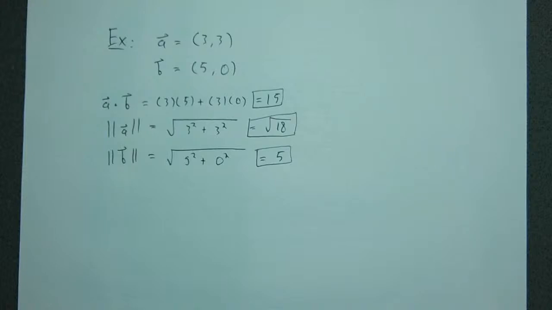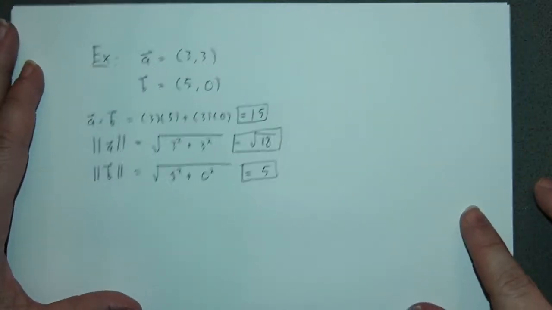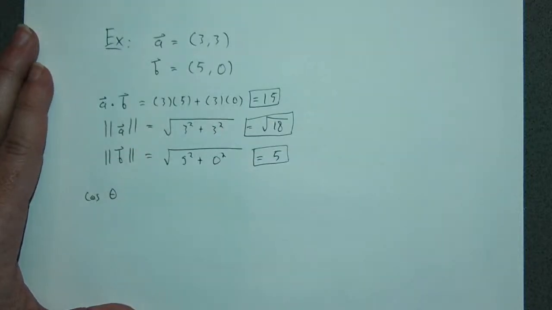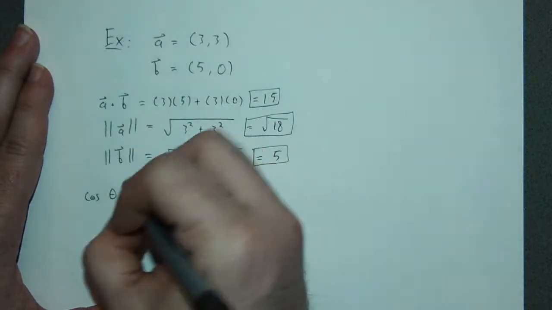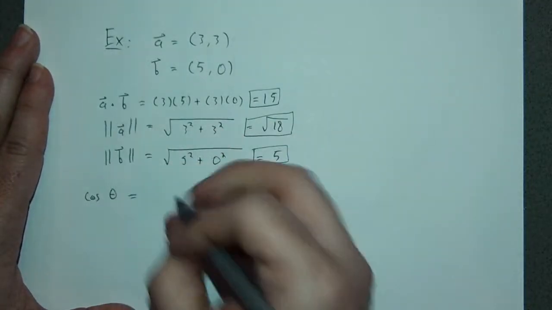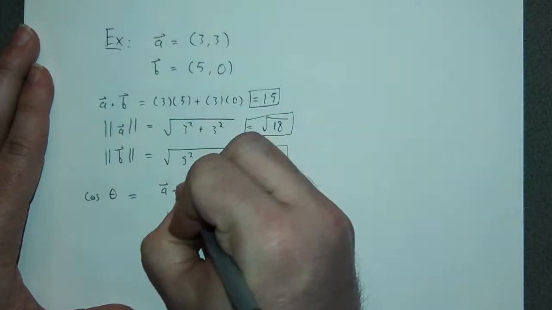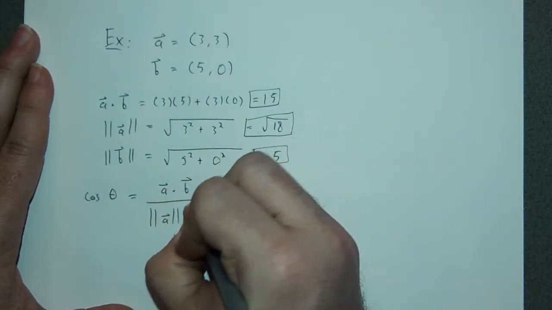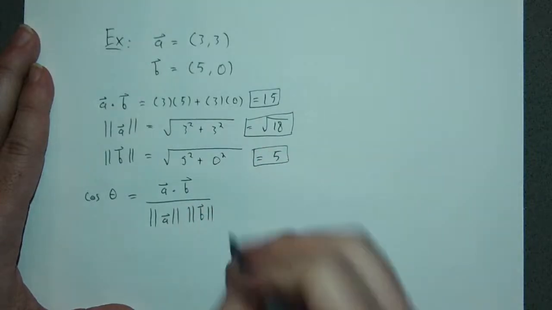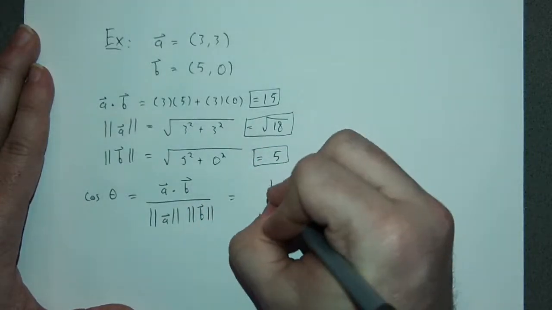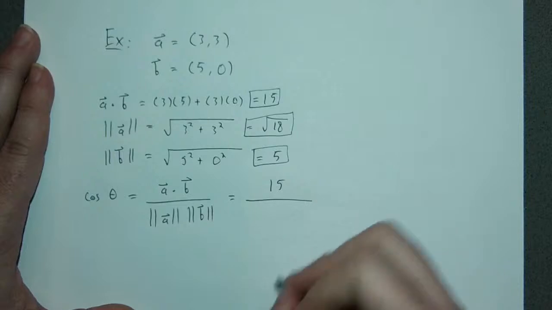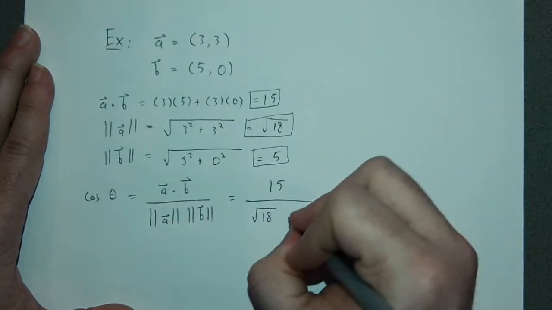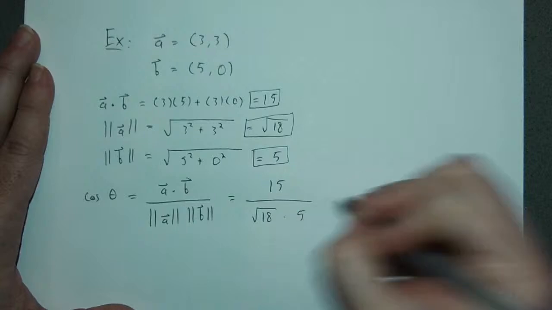Then cosine of theta, where theta is the angle between A and B, is A dot B over the length of A times the length of B. So this is 15 divided by the square root of 18 times 5.